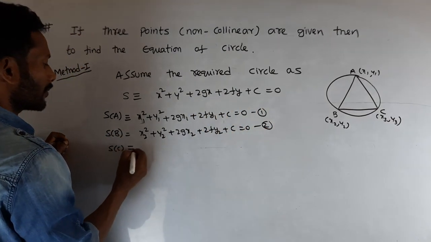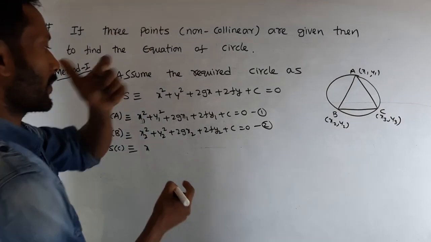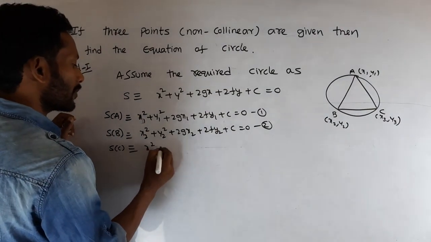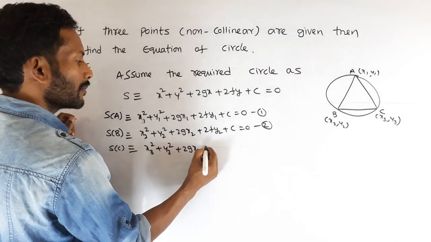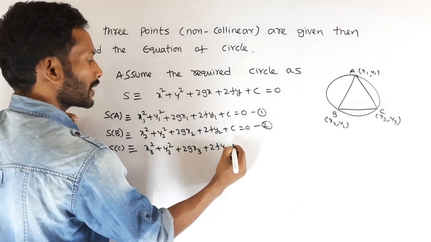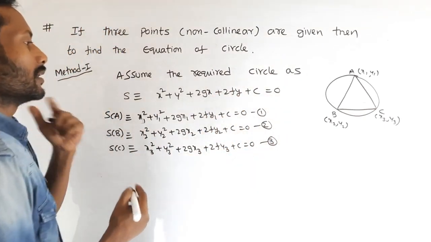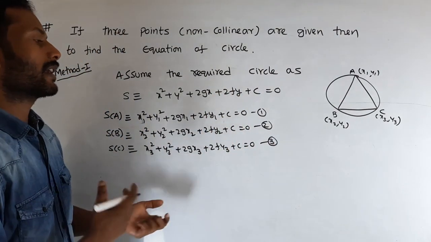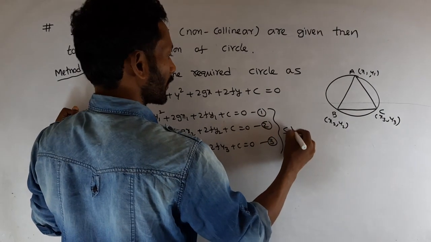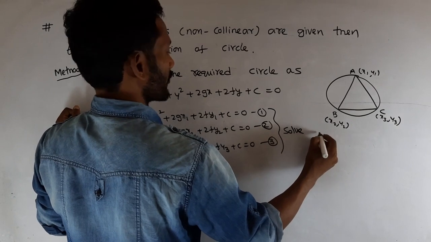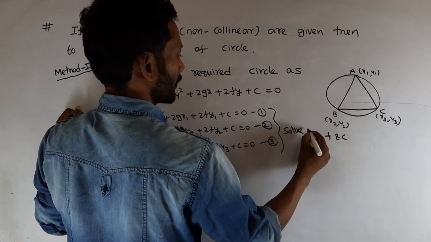S of C, point C is (x3, y3): x3 square plus y3 square plus 2gx3 plus 2fy3 plus c equal to 0. Let us say equation 3. Now solve the 3 equations. We get the values of g, f and c.